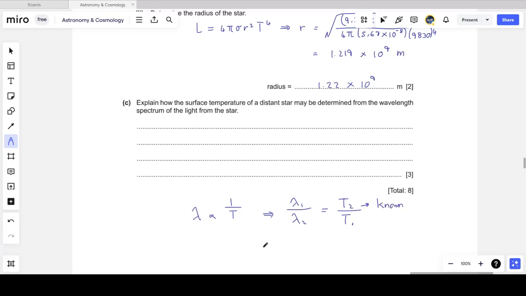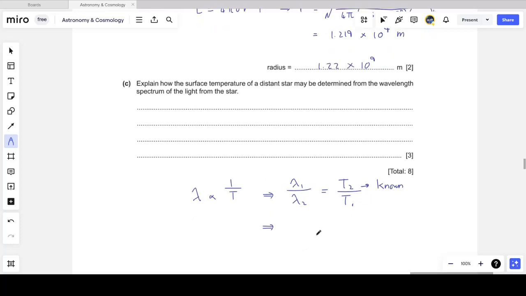So I must use the temperature of another star that is known and then use that to compare using Wien's displacement law. In the case that T2 is known, I want to find T1. So T1 is T2 times lambda 2 divided by lambda 1. And so that's how I can use Wien's displacement law, provided I have another star of known temperature.